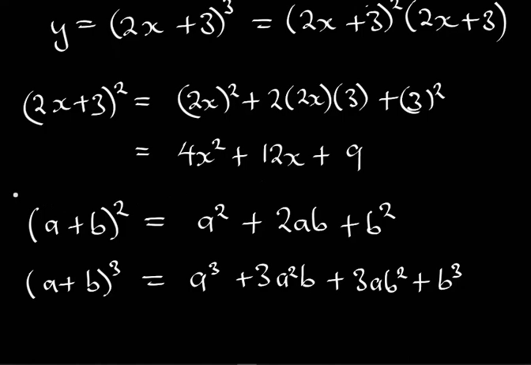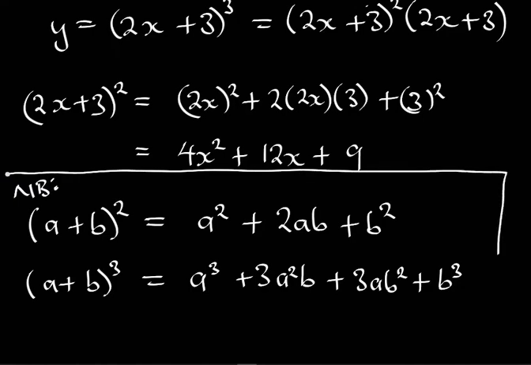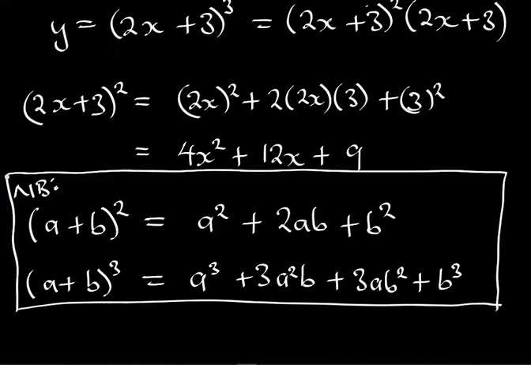These are just some things you can note down that might help you solve this question a bit faster. But I'm not using this method so intensively. I've only used the first one, a squared plus 2ab plus b squared. This one you must know. This other one for syllabus T, you can do without it. There are not so many things you're going to be expanding that will take much of your time.